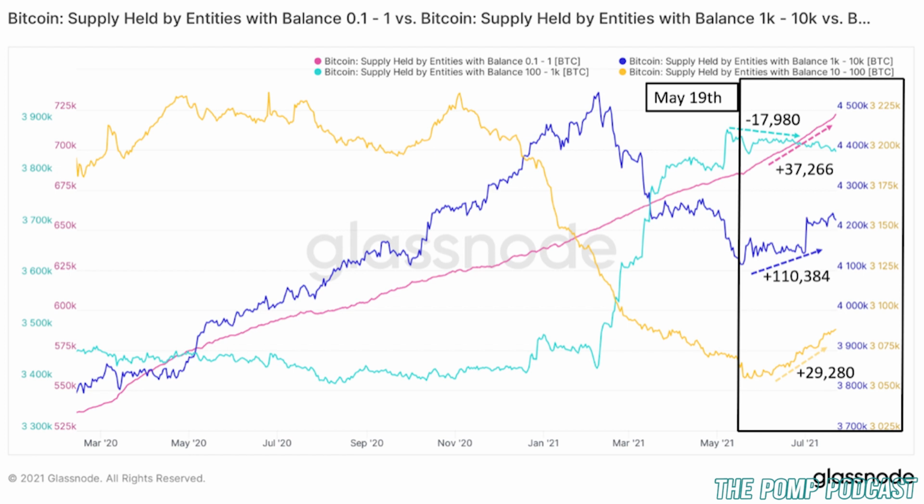Whales are accumulating, like I said, especially over the last few weeks. They've now added over 110,000, like you said, since the May 19th capitulation. 100 to 1,000 BTC is an interesting cohort because this has been trending up aggressively throughout the year.